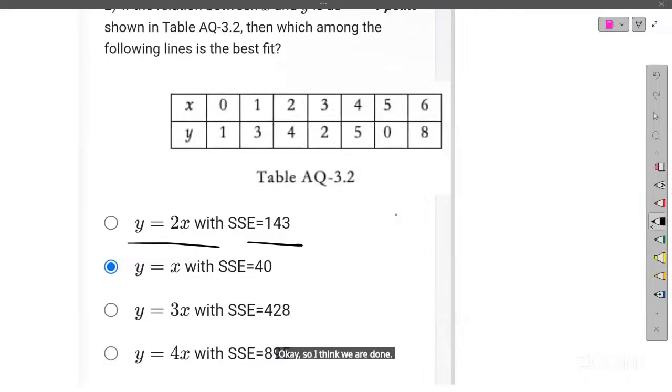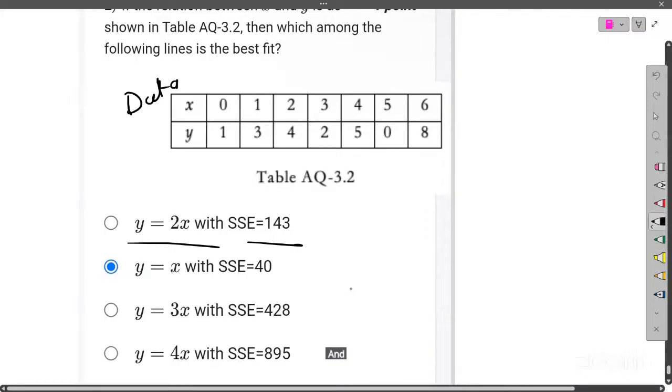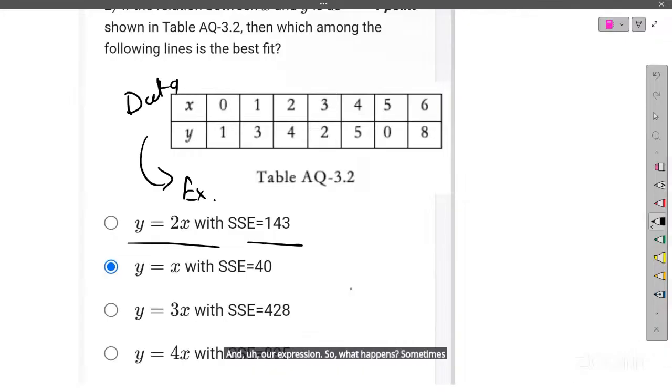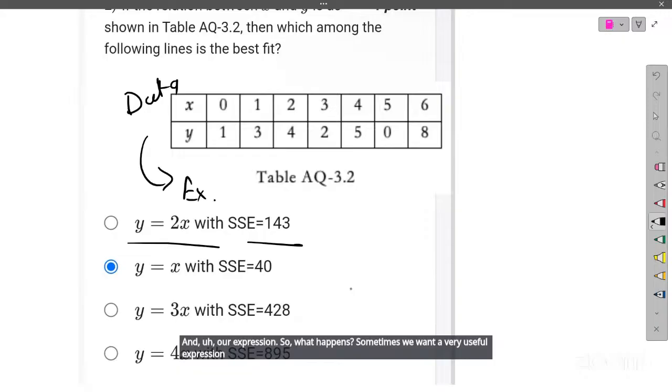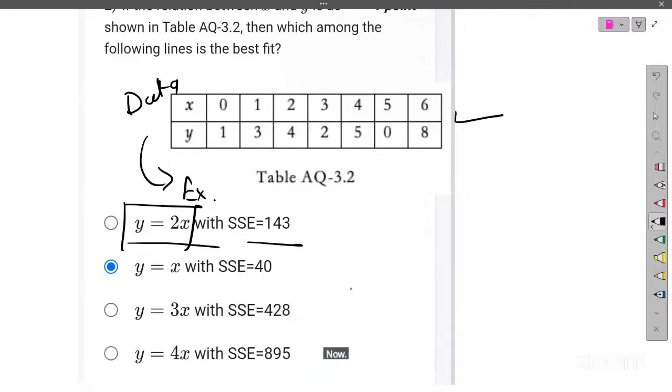Ma'am, what's SSE? See, SSE is a method to find the error between our data set and our expression. Sometimes we want a useful expression which can justify our data set. So we have some data set, we have some expression. Now, how can we find out the error made by this expression in judging our data set?